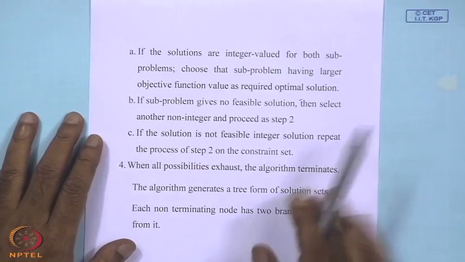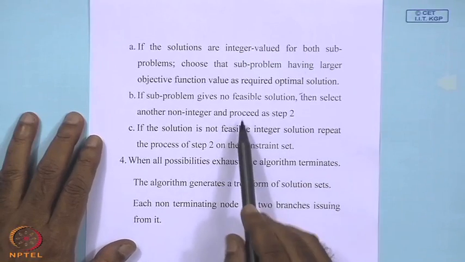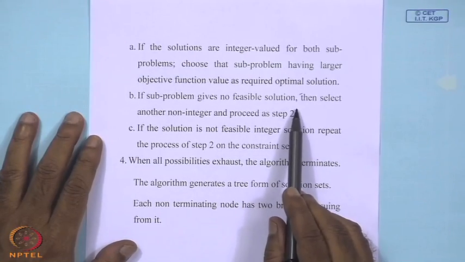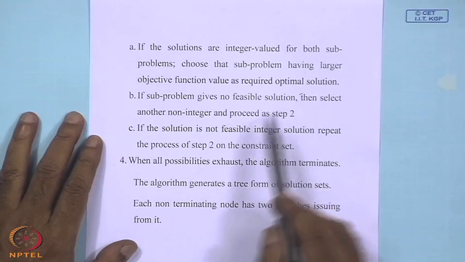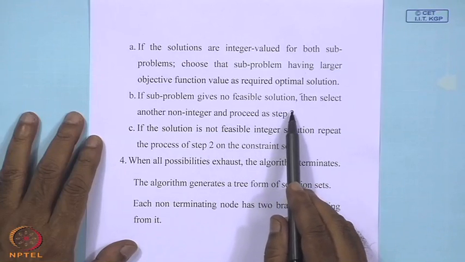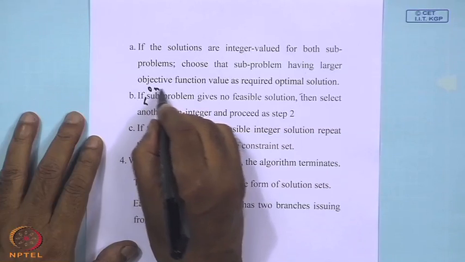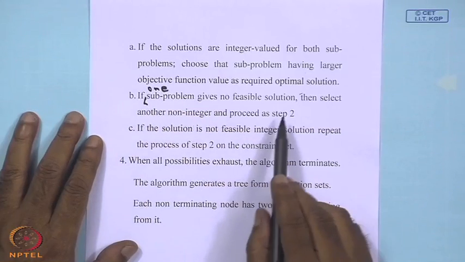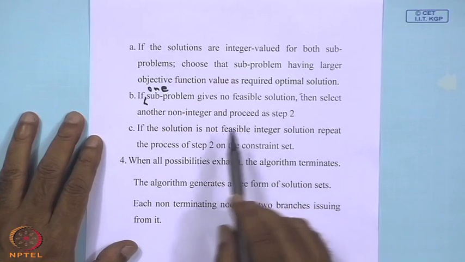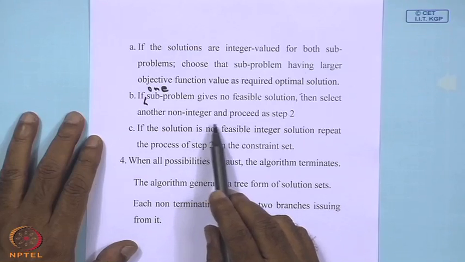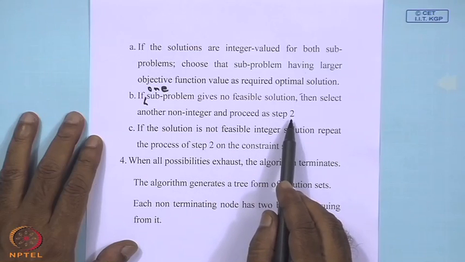Number 2, part B: if the subproblem gives no feasible solution. If one subproblem gives no feasible solution, then select another non-integer variable and proceed as in step 2.